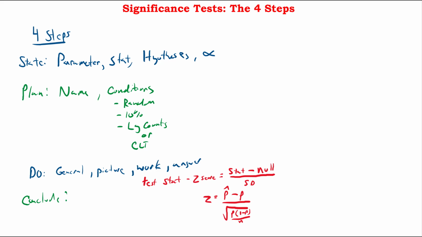So on conclude, in this case, depending upon your p-value, if it's greater than or less than a significance level, you would say that we do or do not have convincing evidence against the null.